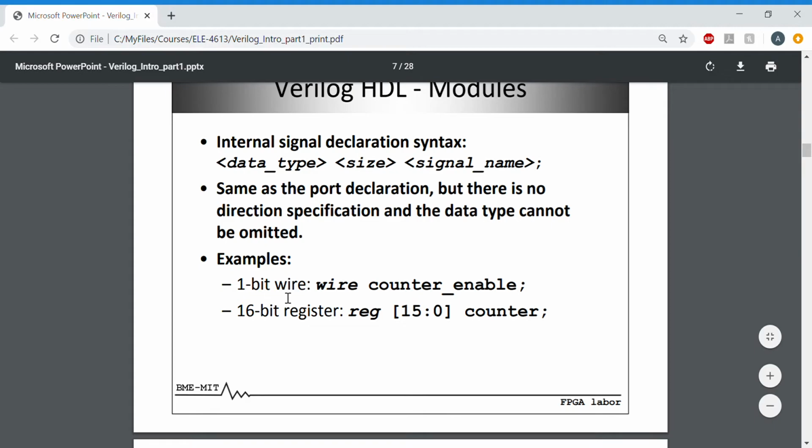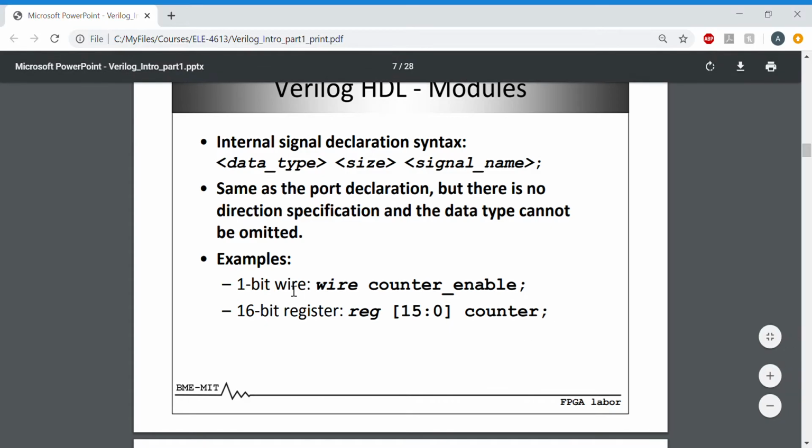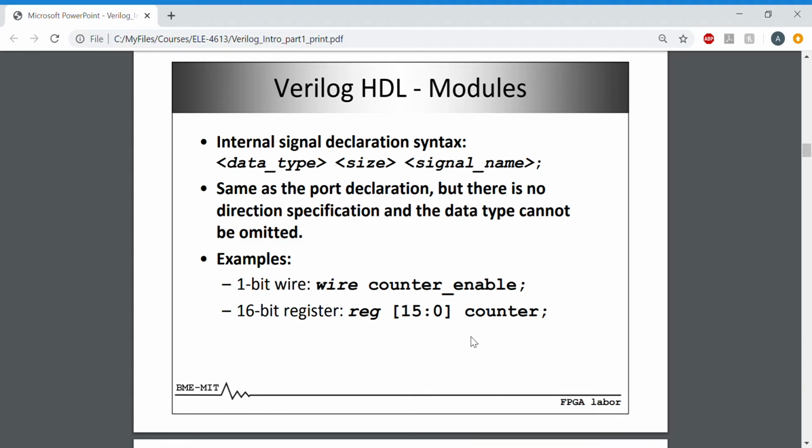Examples: a 1-bit wire, which is wire counter_enable, or a 16-bit register, which is reg [15:0] counter. So this is a 16-bit register, right? You have to declare some pieces inside your module, giving names to wires. You have to name every single wire. You cannot use wires that are unnamed.